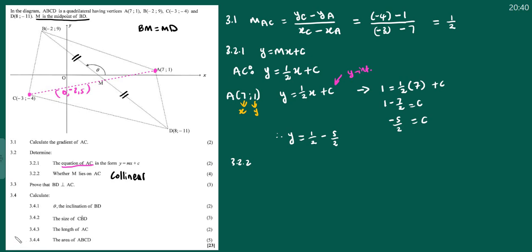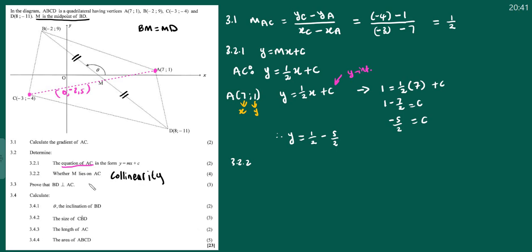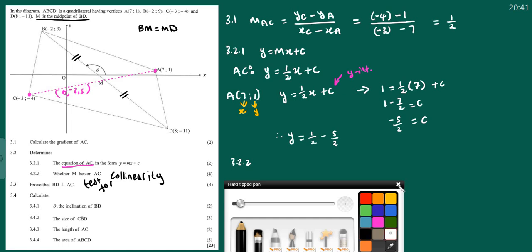I saw it on one of the IEB papers. They said test for, oh yes, a test for collinearity. The moment they say determine whether something lies on a certain line, you test for collinearity. Okay, so how do you do it? It's simple, guys.